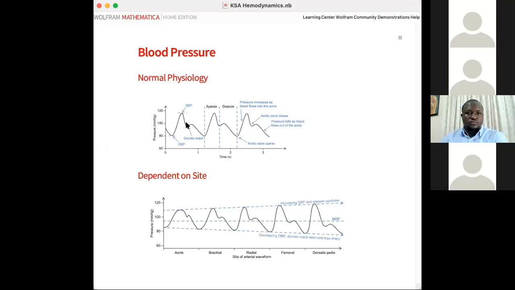And it drops fast to the point where you now start your diastole, and at this point your aortic valve closes. So what happens at this point? Because the blood pressure is reducing, the forward flow may actually reduce. In fact, at the beginning of diastole, you may actually get negative flow, or flow that is going back to the heart.